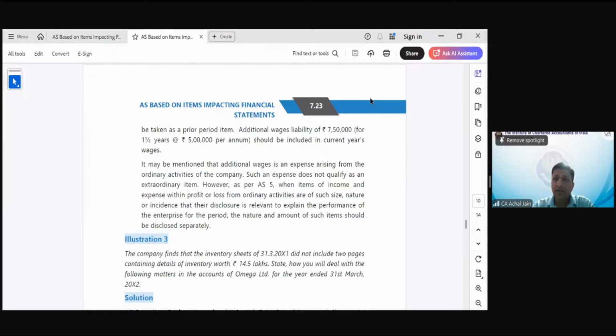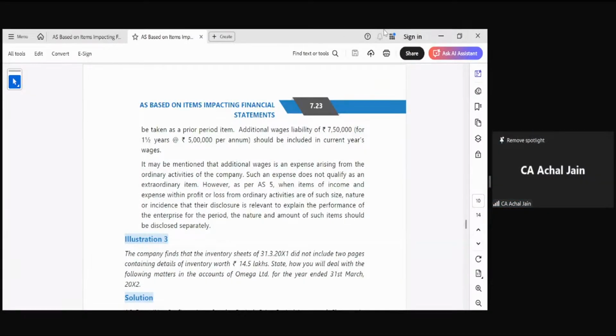Sir, my question is, if any law comes from government, then does a company need to follow it like an ordinary item or exceptional item? So what type of law are you saying?